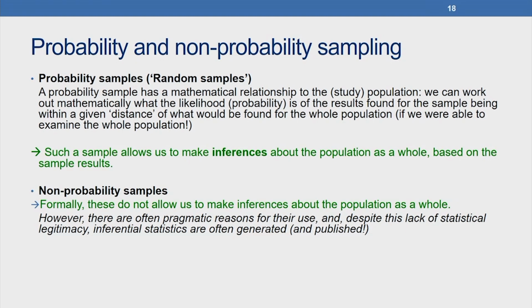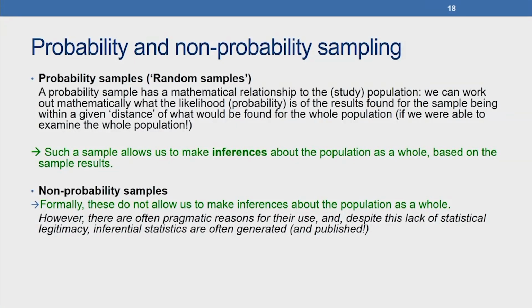It is important to bear in mind that sampling methods which do not make use of probability samples do not qualify to represent the entire population. So, we should exercise caution when we are coming up with our conclusions with regard to the population when we follow non-probability samples. There are often pragmatic reasons for using non-probability samples, but they lack statistical legitimacy in the sense that we cannot represent much about the population.